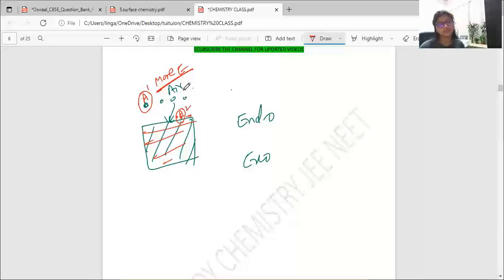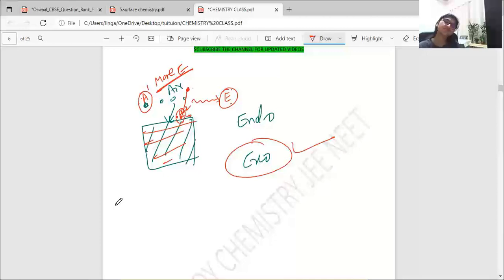Going from more energy to less energy means some energy is released, and energy releasing means this process is exothermic. So either physisorption or chemisorption, both are exothermic. In an exothermic reaction, some energy is released.